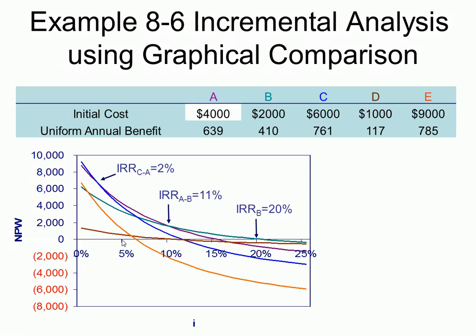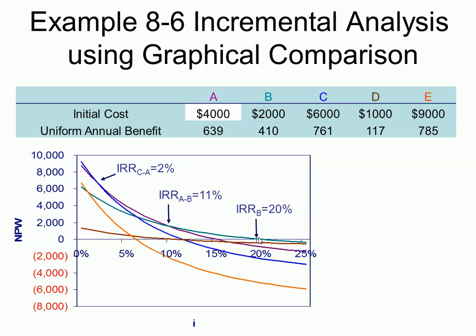So rather than looking at all different options, we would look at the ones that would give us the highest net present worth. So that would be this here. You can see this is the highest net present worth. So B would actually defeat C because B is always above D, pretty much.